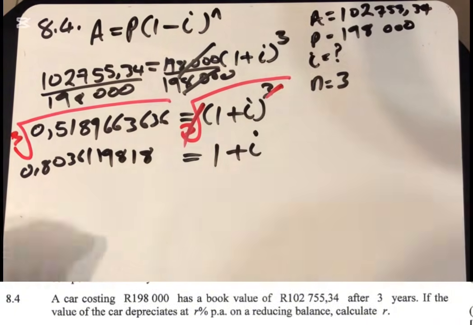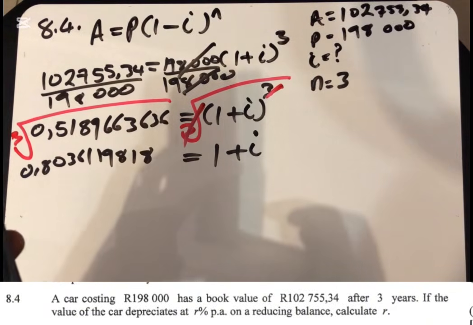0.8036119818. Then from here we can transpose 1 to the other side. When you transpose 1 to the other side, we are going to say this minus 1.